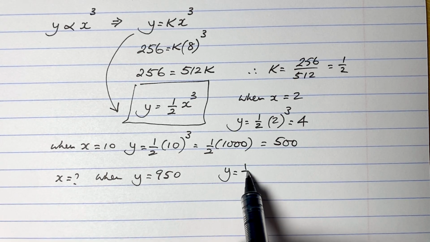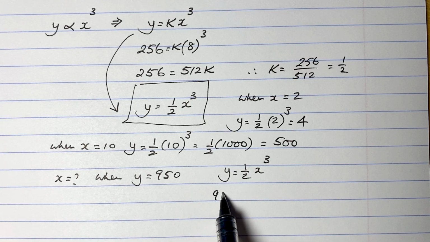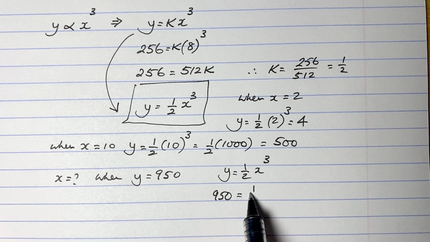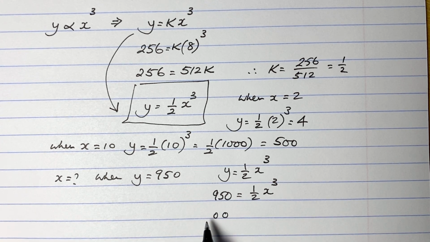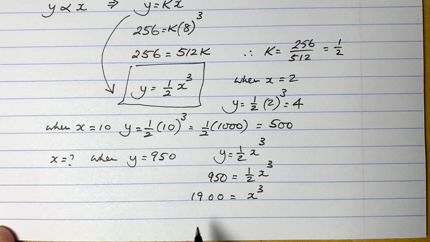Y equals half x cubed. Y is 950 because half x cubed. Multiply both sides by 2. And then we need to find the cube root.